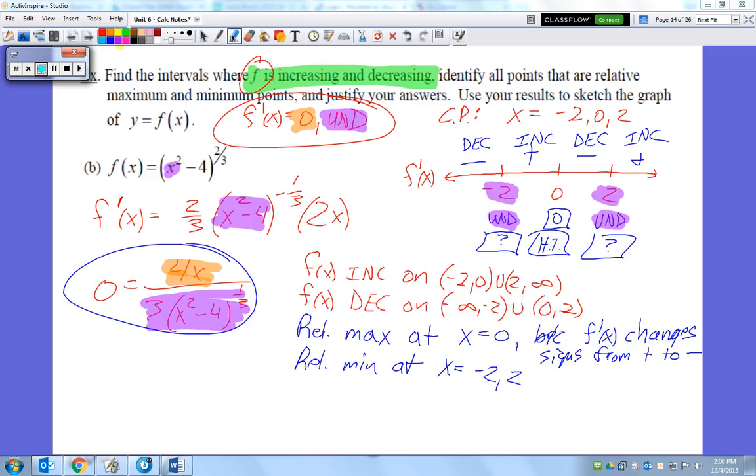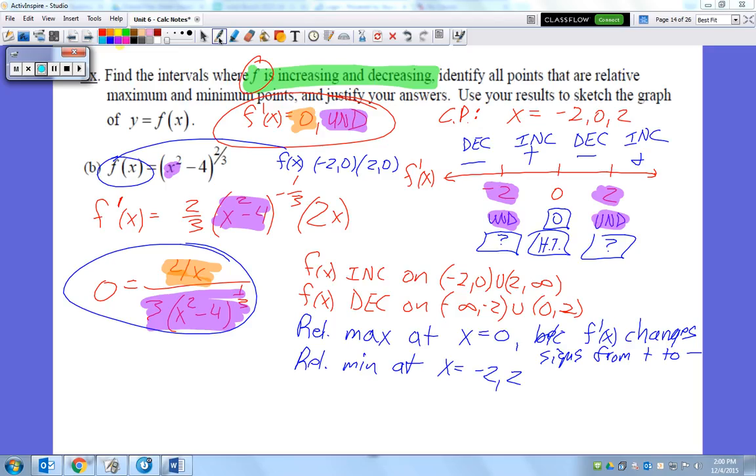Do you understand? So the points here on f of x are (negative 2, 0) and (2, 0). Those are x-intercepts on the graph. Their slopes are undefined, but their positions are actual values. They're in the domain, if you will. You see it? Again, you're looking at f of x and f prime of x at the same time.